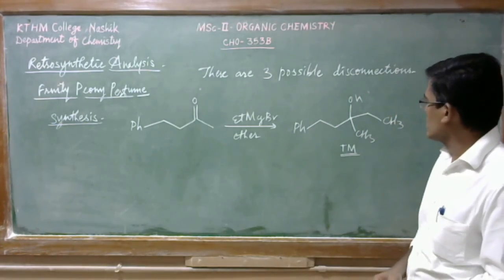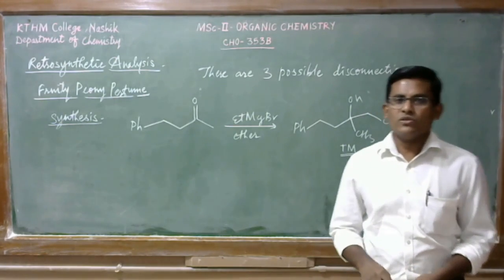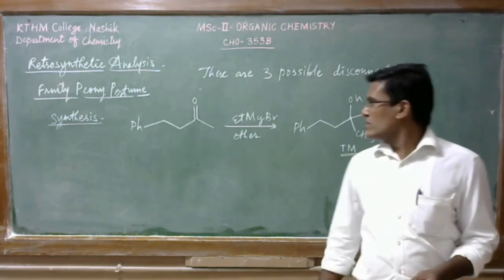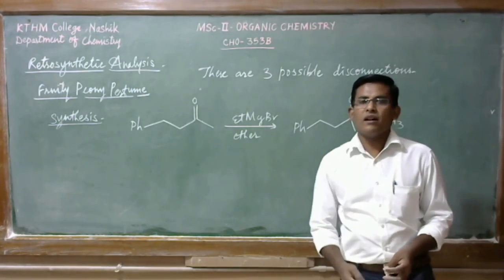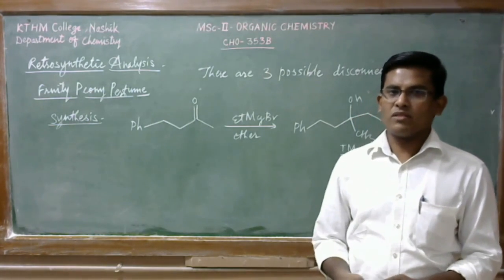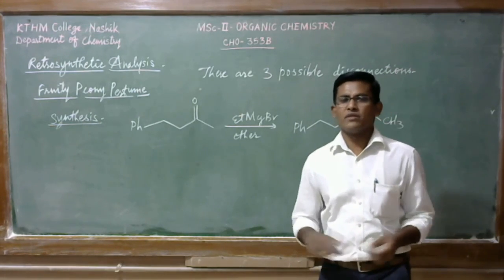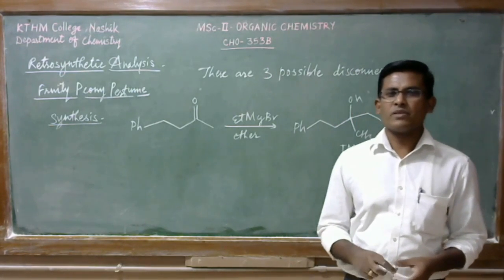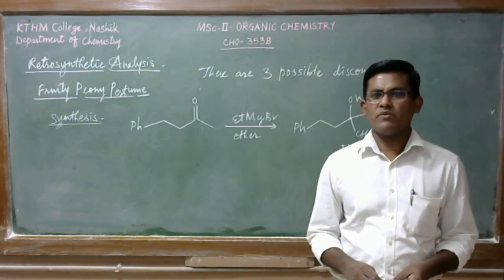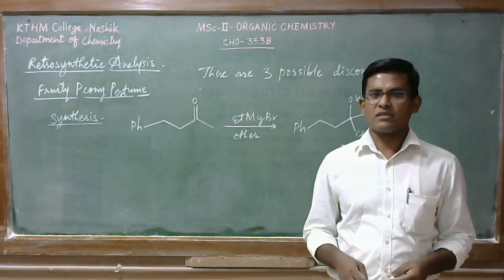Okay. So this is how we can use this 1,1 carbon carbon disconnection. Okay. So we have used the oxygen based functional group in the target molecule. This is how we can generate this tertiary alcohol by using the 1,1 carbon carbon disconnections. Okay. So in the next lecture we will see more problems based on this carbon carbon disconnection. Thank you.